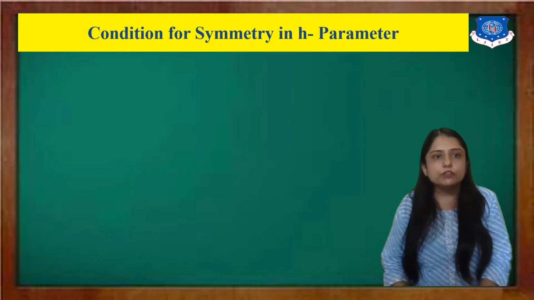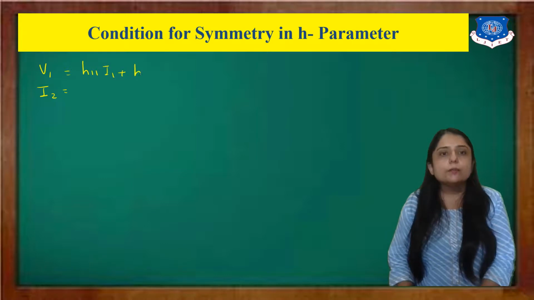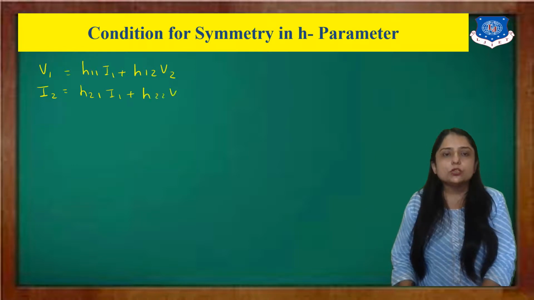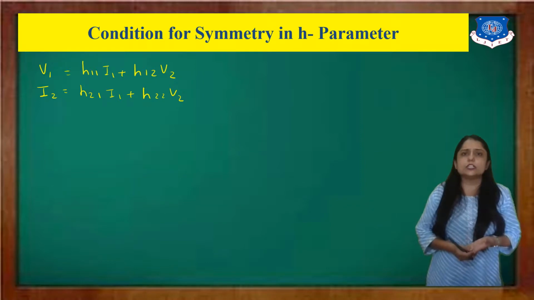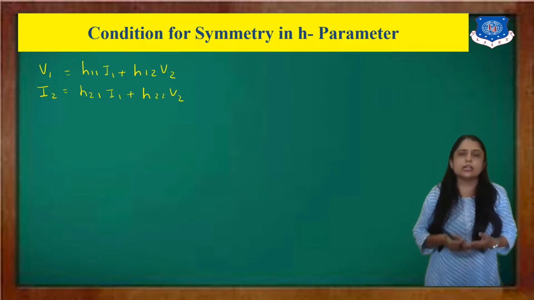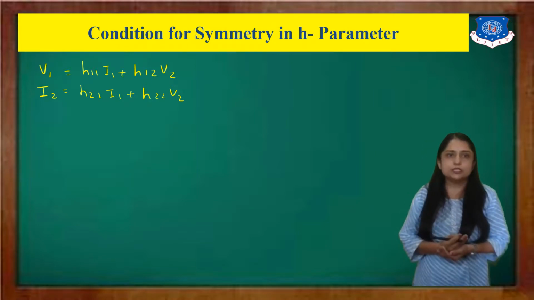So first of all, I'll just write the equation. That is V1 equal to H11 into I1 plus H12 into V2, I2 equal to H21 into I1 plus H22 into V2. Now, in a symmetrical condition, you need to remember one thing, that is input impedance that equal to the output impedance.